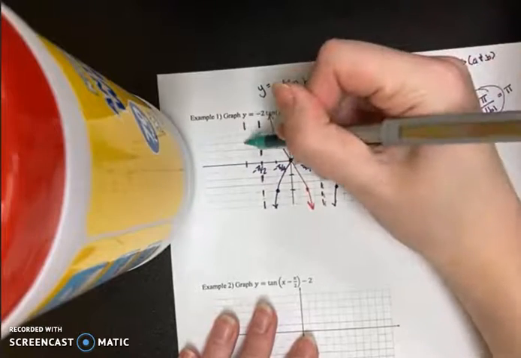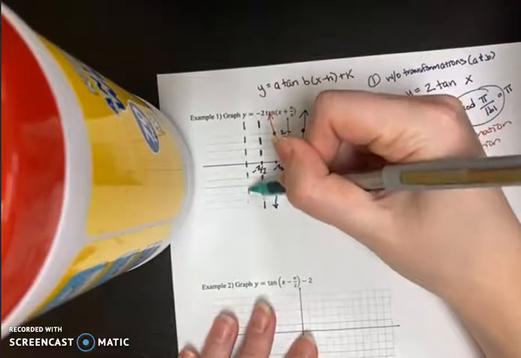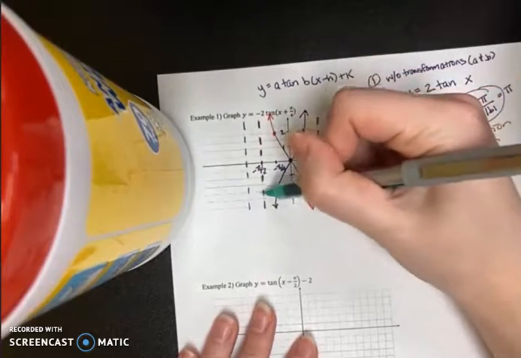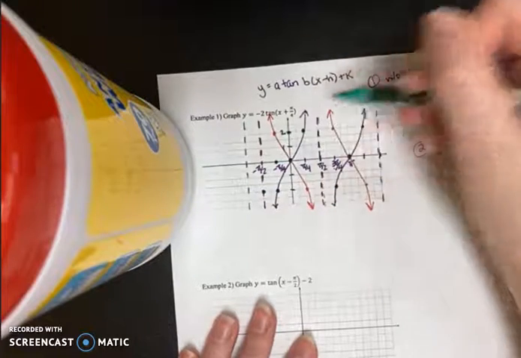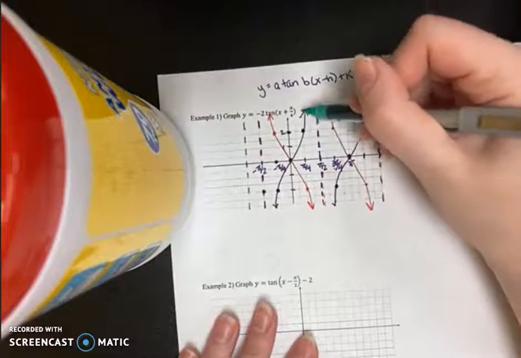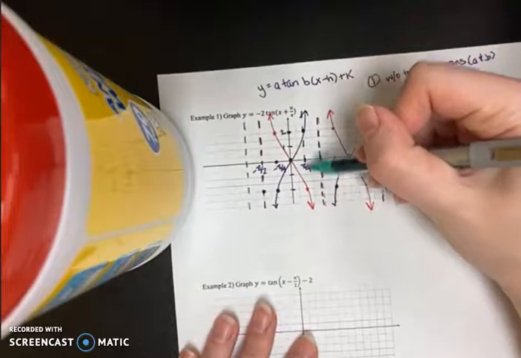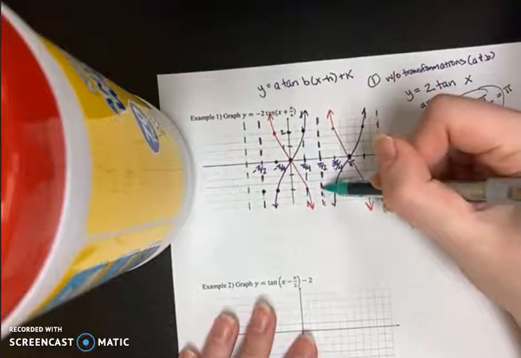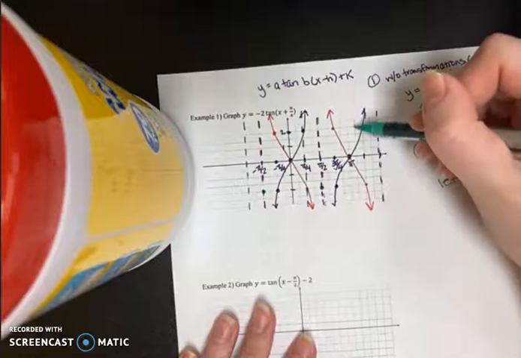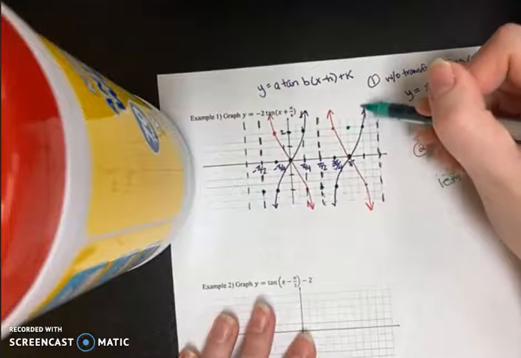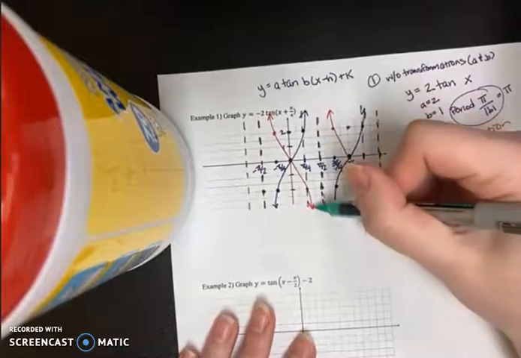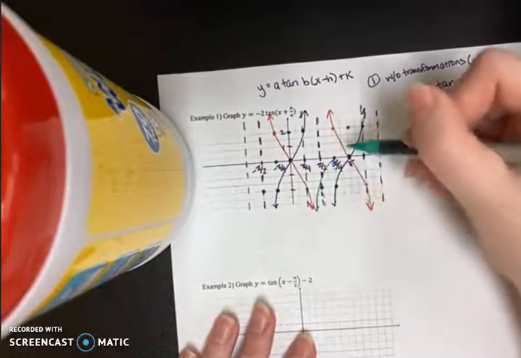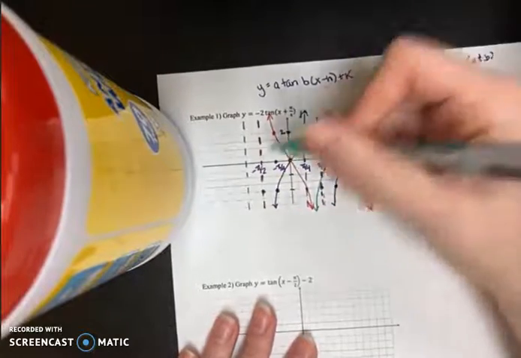So I'm moving this asymptote left pi over 4, this coordinate left, and then the next two, this asymptote will be moved left, coordinates move left, and then our last asymptote. Connect your points with an S-shaped curve.